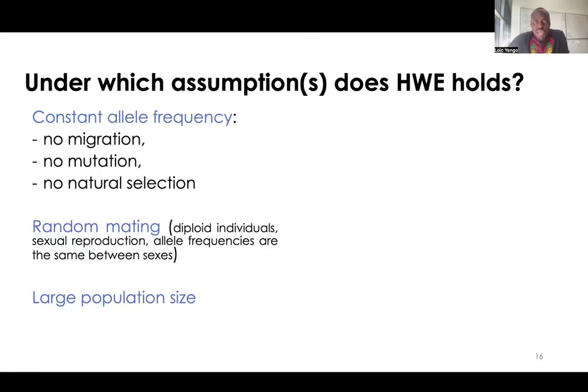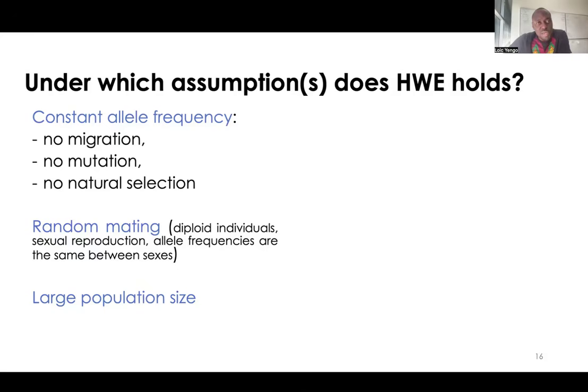As you will see in the next part, the way we measure Hardy-Weinberg equilibrium is usually using a statistical test, and therefore it's never really strict. We're not looking at the strict version of this equilibrium. We're just looking at whether the data supports those assumptions by and large.